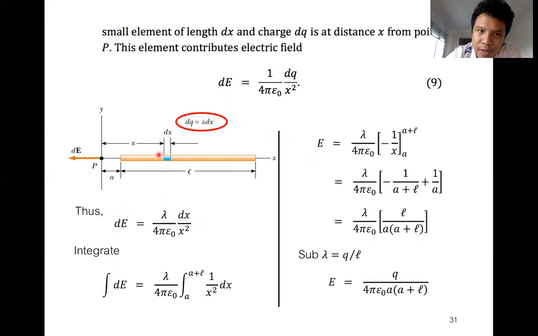If we want to find the total electric field from all parts, we need to integrate the dE. After performing the integration, we get the relationship between the electric field and the total charge of the object, the length of the object L, and the distance a from the point P.